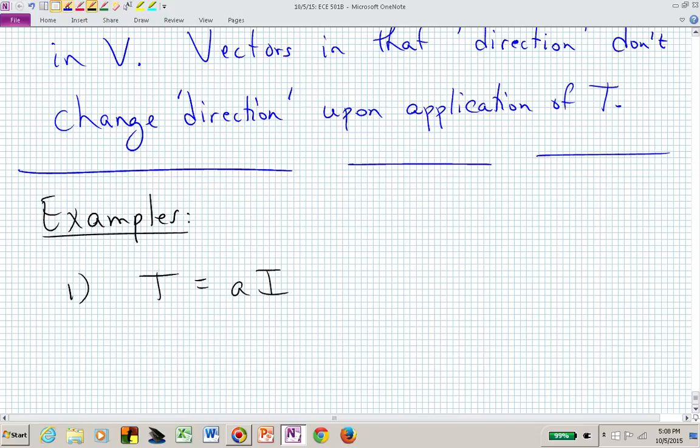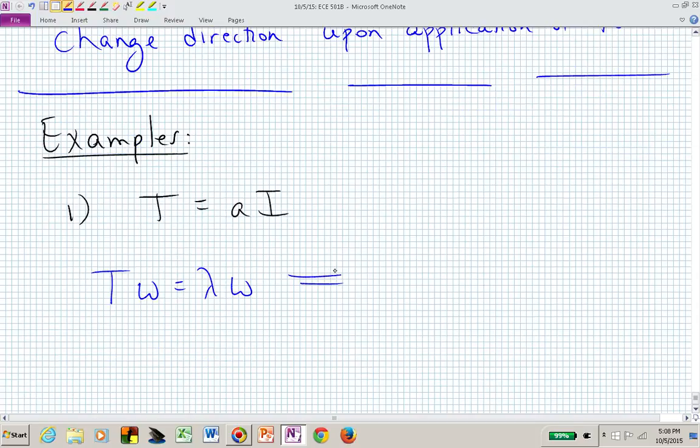What's our eigenvalue eigenvector formula? That says that we need TW to equal lambda W. But what did we say T was? That's just AI. And maybe you're in that class, sorry, artificial intelligence. That's usually a capital A and a capital I, but this is lowercase a. That's a scalar A times I, W is equal to lambda W.